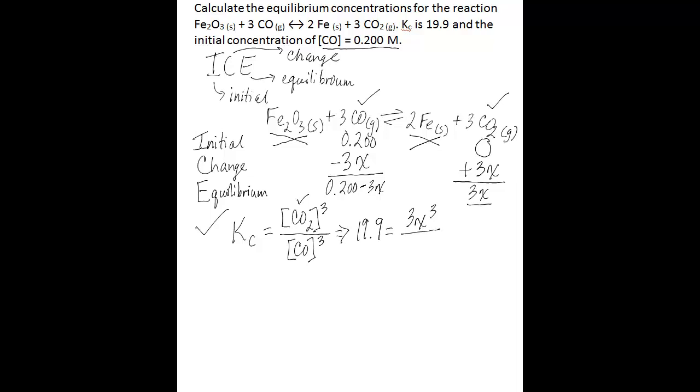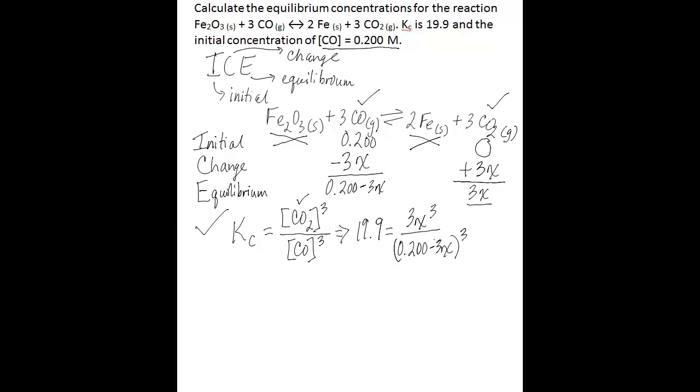And then in your denominator, you're going to put the carbon monoxide gas. So in terms of x at equilibrium, that's equal to 0.200 minus 3x. And you also need to raise that to the third power.